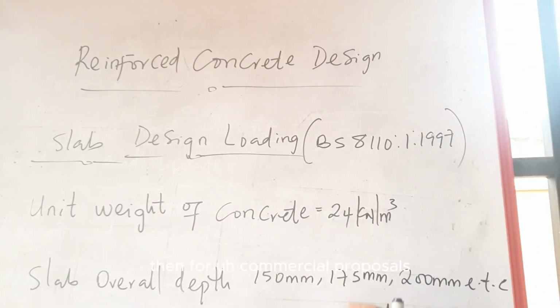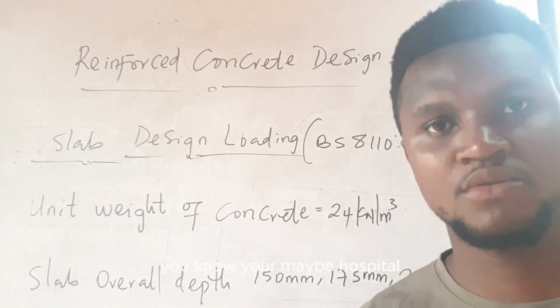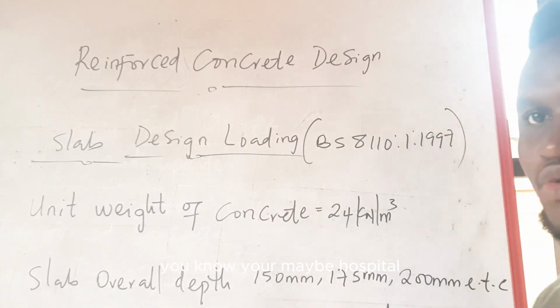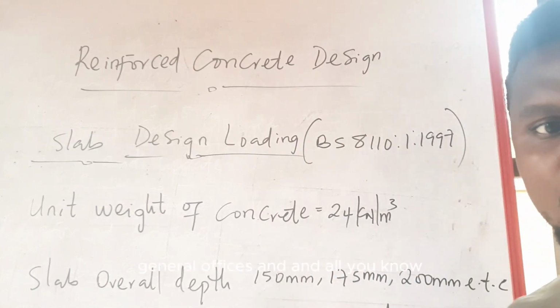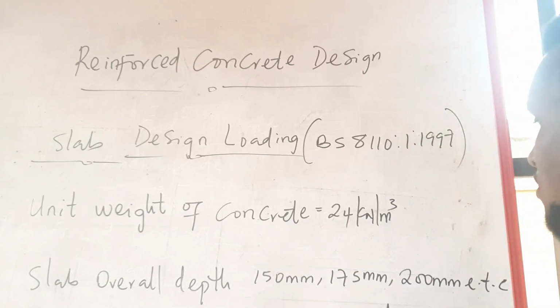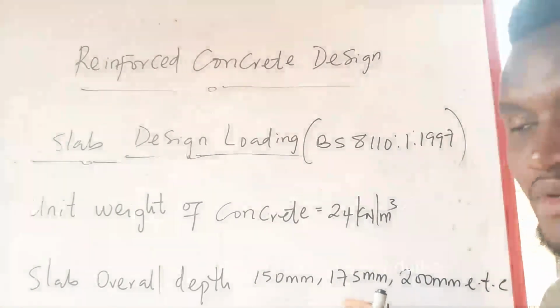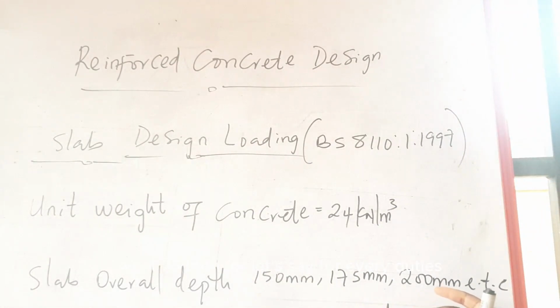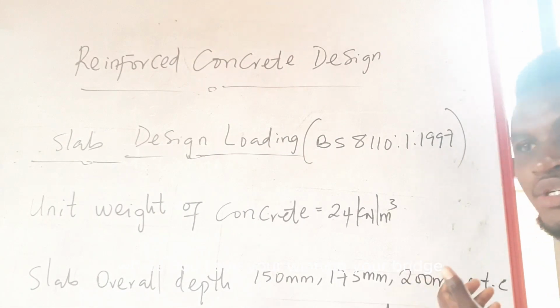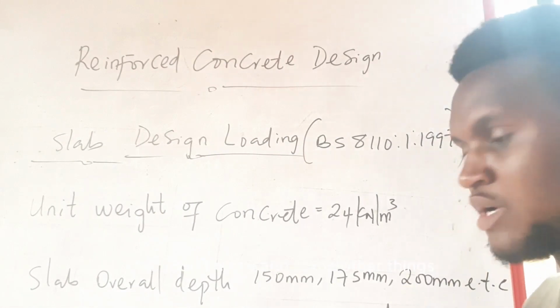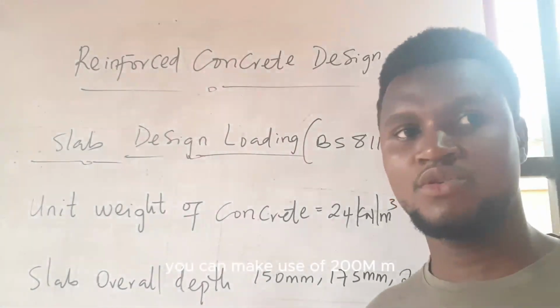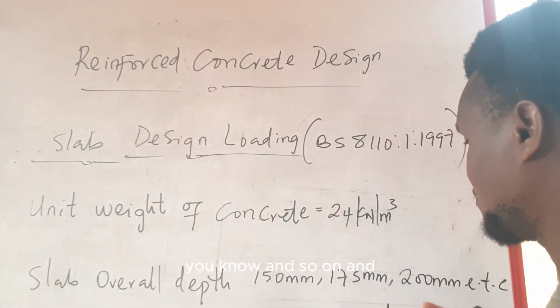Then for commercial purposes, maybe hospital, general offices and all, can make use of 175. Then for heavy duties, for instance, you have your bridge and maybe factory and some other things, you can make use of 200 mm, and so on.